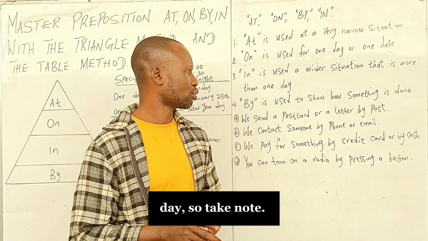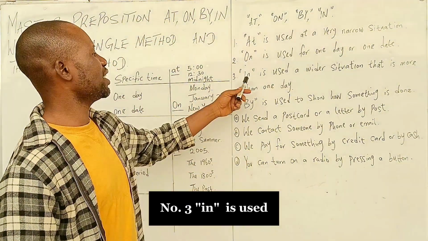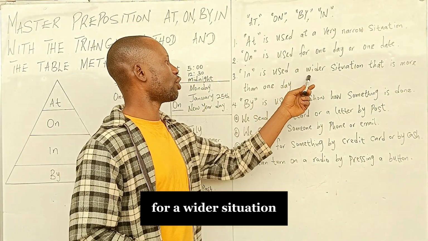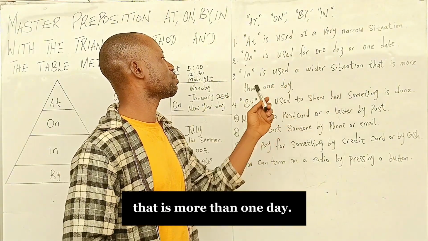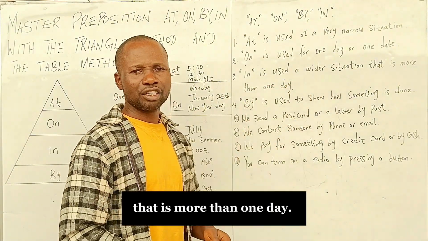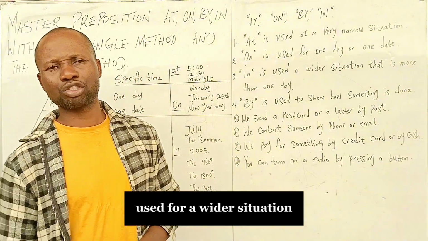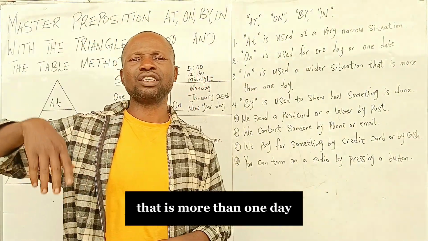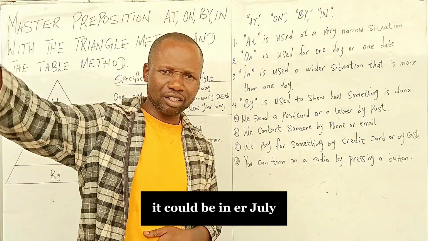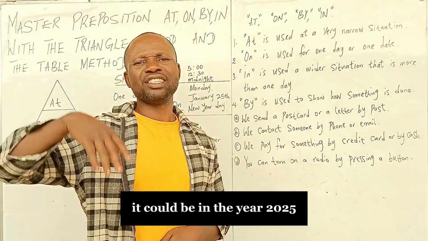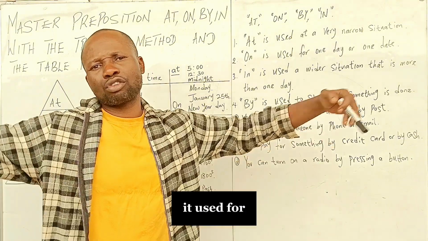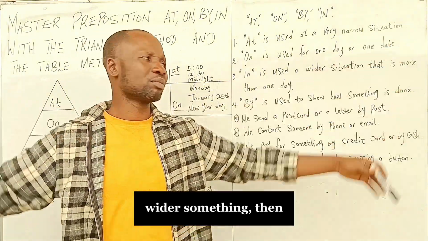A date. So take note. Number three, in is used for a wider situation that is more than one day. It could be in July. It could be in the year 2025. It is used for something wider.